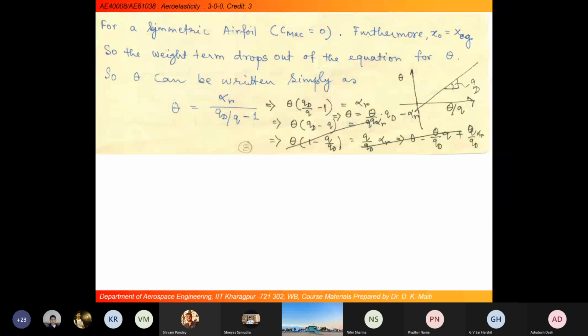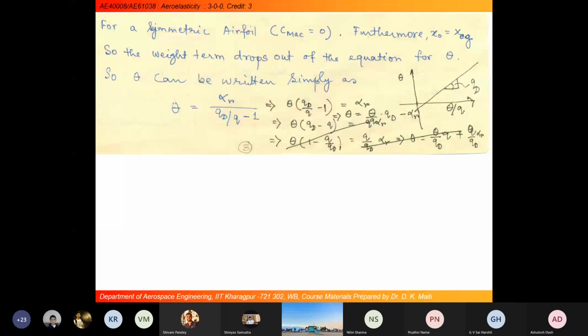The moment due to weight will be cancelled, and finally we can calculate from this equation. So this is 0, this is also considered as 0, then the whole thing divided by SCL alpha into alpha r.